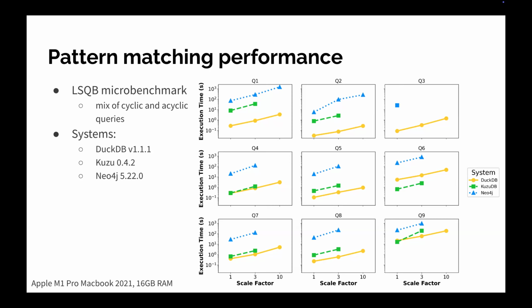Do you support all of the SQL PGQ DDL? I mean, can you support multiple labels? Can you do horizontal partitioning in terms of the unions that make up the edge tables and the vertex tables, or is it simplified?